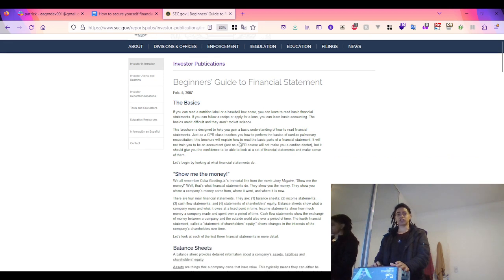So much like a CPR course, this cardiopulmonary resuscitation course that teaches you the basics, this section focuses on that. It won't train you to be an accountant, much like a CPR course won't train you to be a cardiac doctor. But it can give you some confidence, especially when you're able to see a set of financial statements and make sense of them.